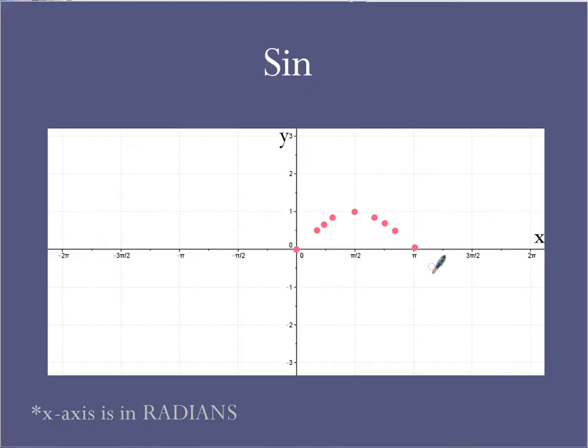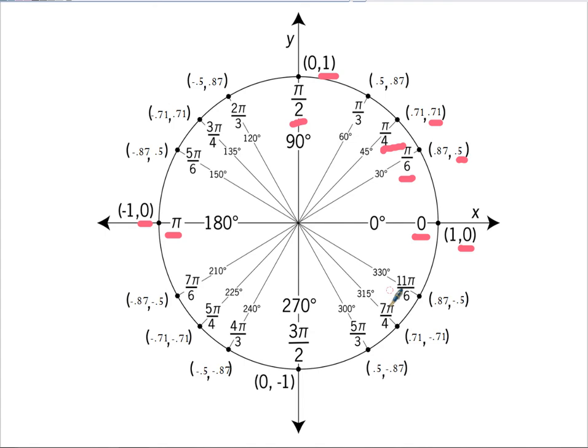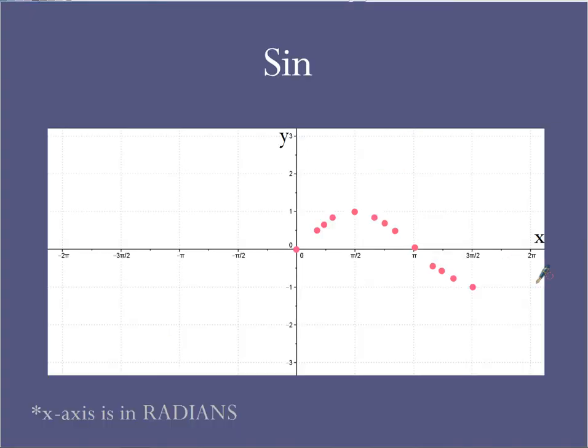So it starts to go into the negative category. We're going down this way until at 3 pi halves, I was down at negative 1. By the time I get back over to 2 pi, I start coming up and up and up, and at 2 pi, I'm back at 0 for my sine value.